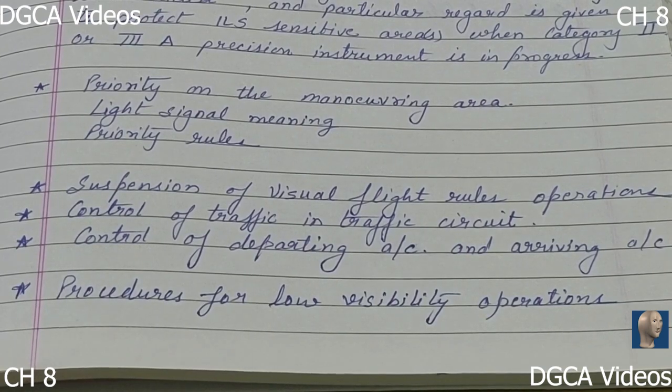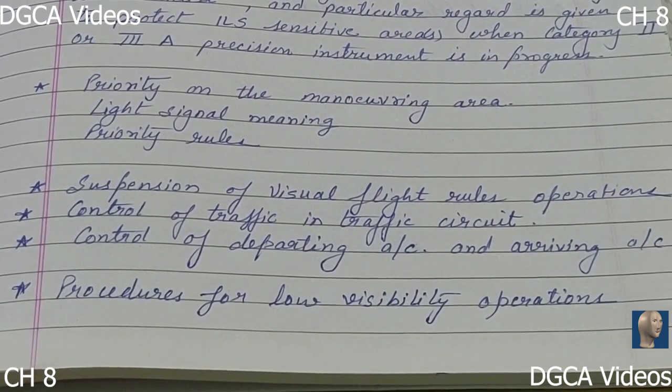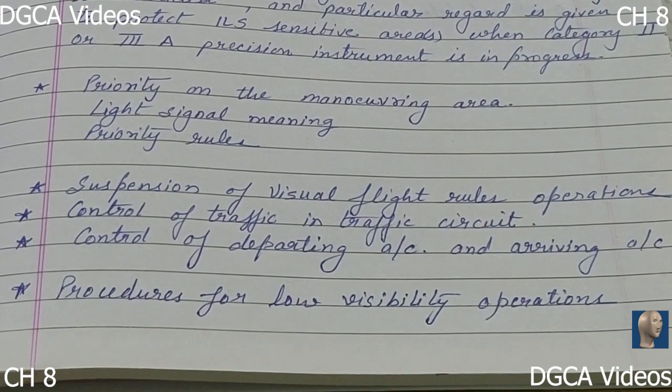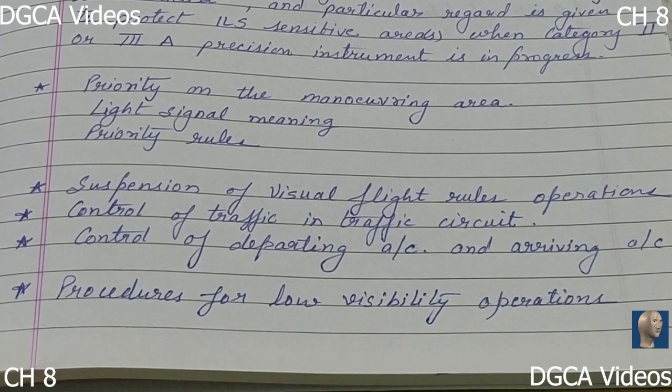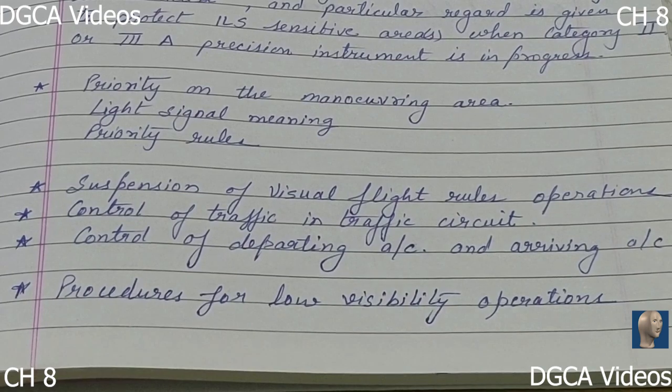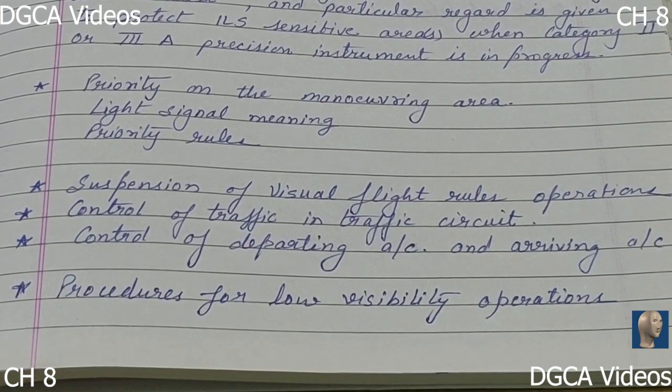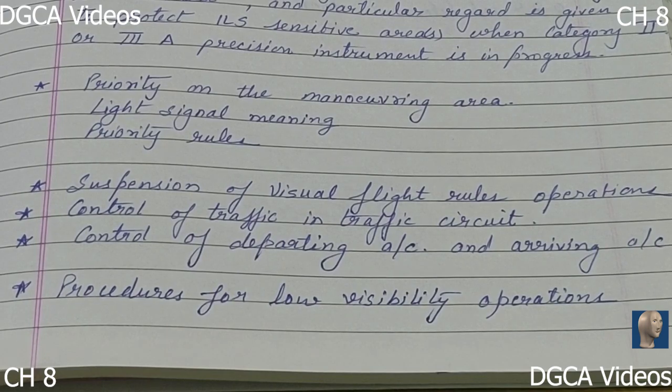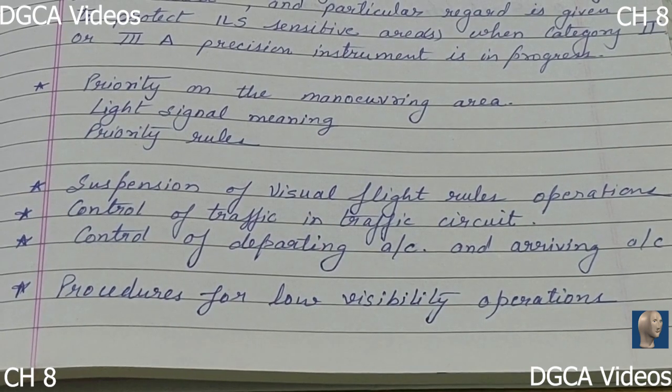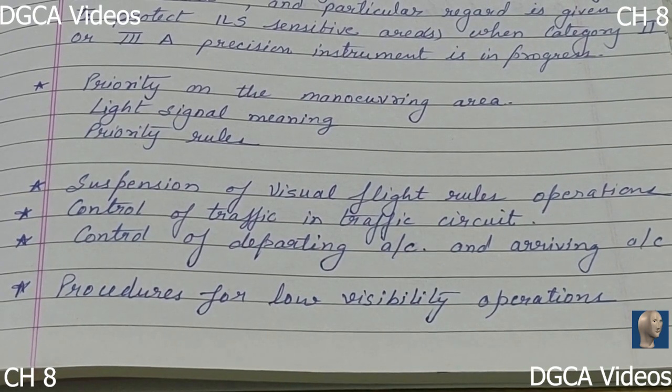Then, order of priority for arriving and departing aircraft. Obviously the arriving aircraft is given priority over the departing aircraft. Then control of the departing aircraft. In this case, the departing sequence is given by the aerodrome control unit, and also the separation of the departing aircraft. This is an important one.